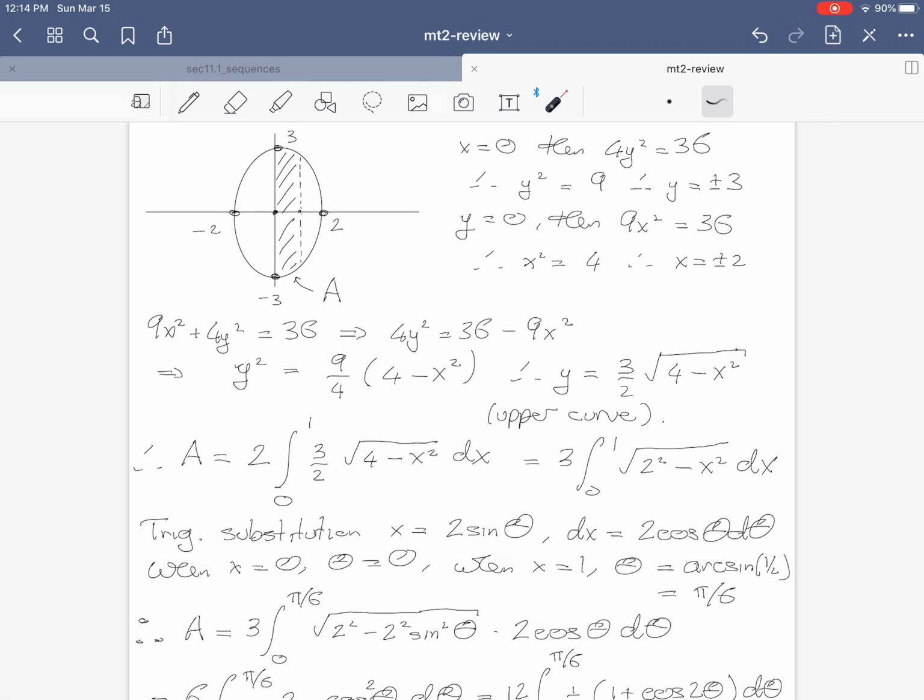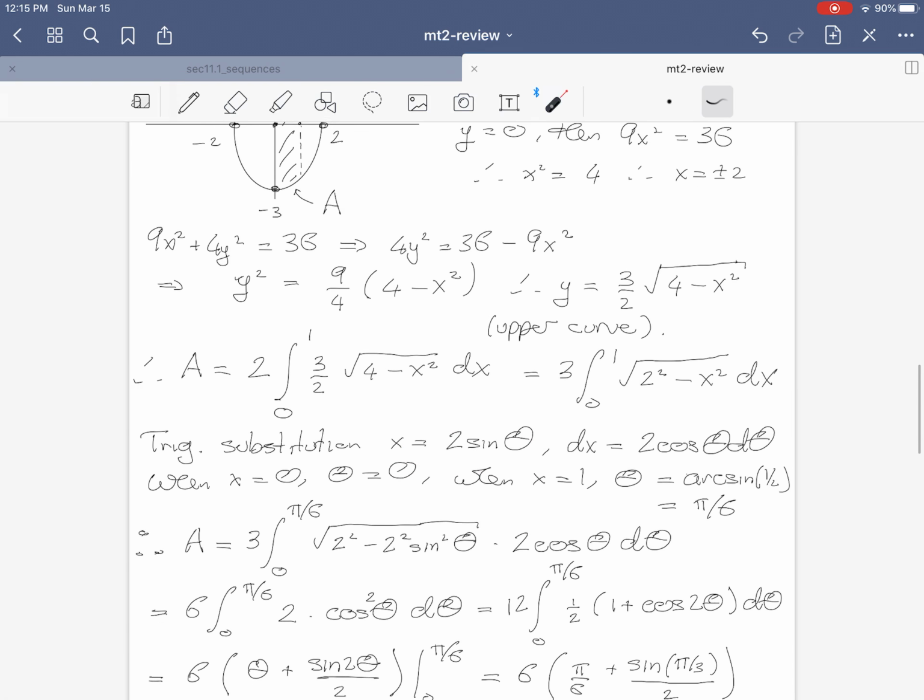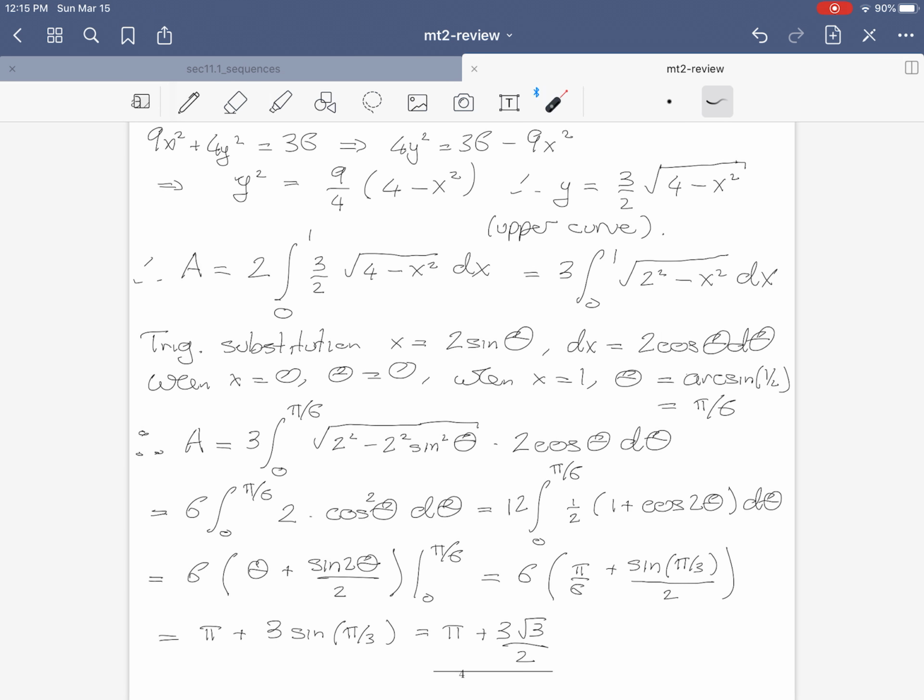And then secondly, recognizing when you have an integral where the integrand looks like this, that this is a candidate for trigonometric substitution, and because it's of the form a squared minus x squared, the right substitution here is x equals a sine theta. Once you've done that, you end up with a standard trigonometric integral, in this case cos squared theta, and the rule for that is that you use the double angle formula.